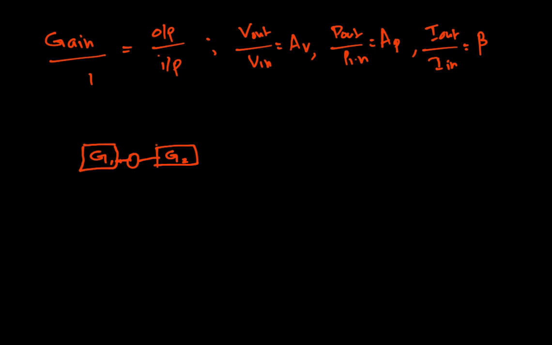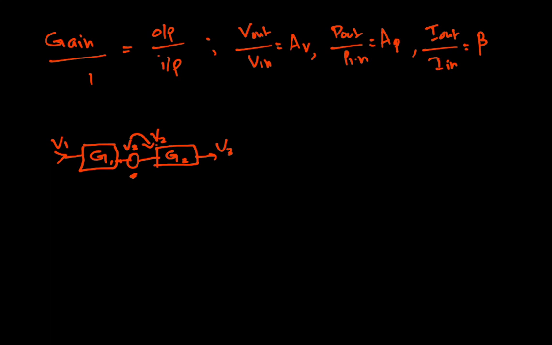Suppose we are considering the voltage, then V1 is the voltage given to the first amplifier and V2 is the output of this amplifier. This V2 is coupled through the coupling device to G2, so V2 is the input of the second amplifier, and V3 is the output of the second amplifier.